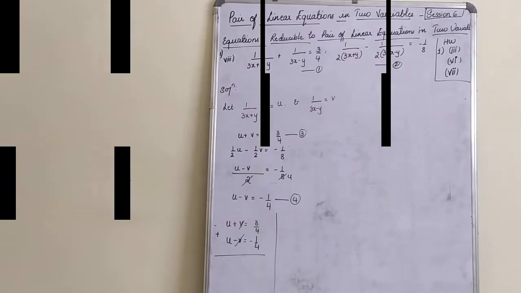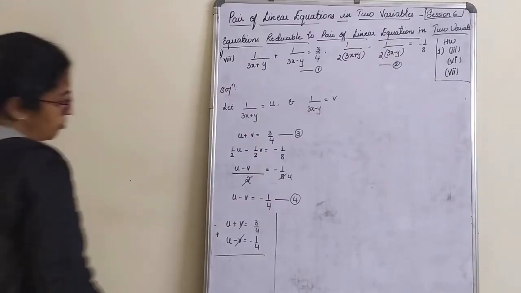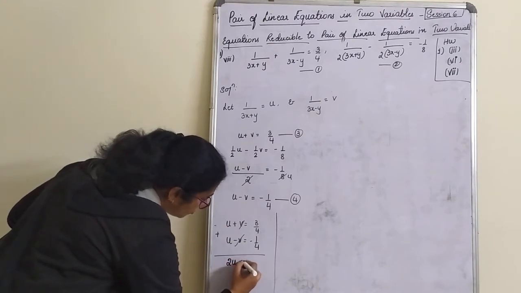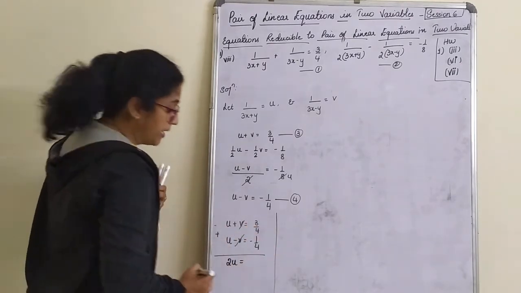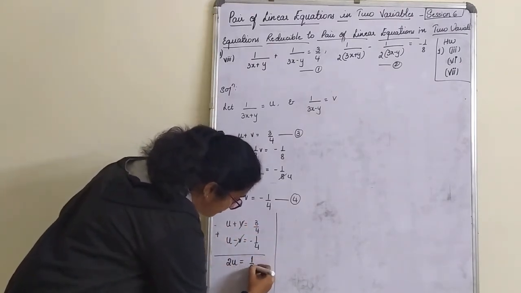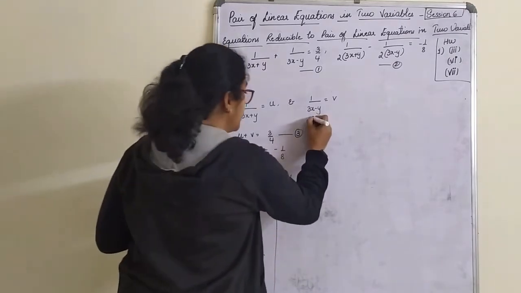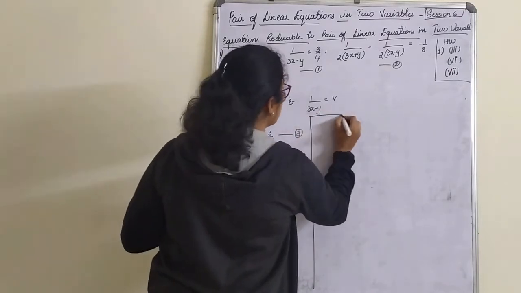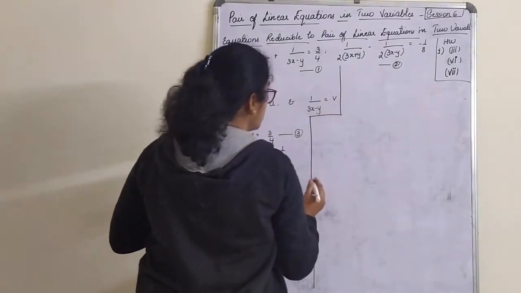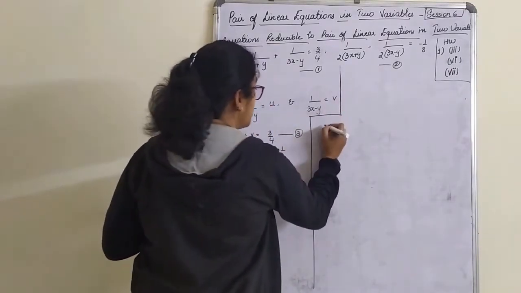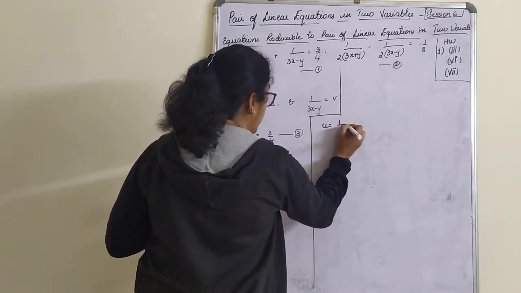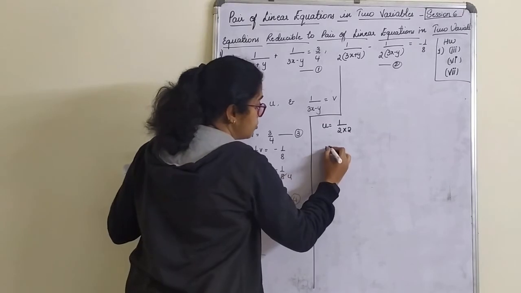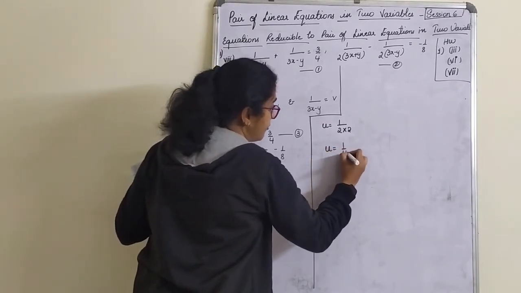So when you add, we cancel v and v. u plus u is 2u is equal to 3/4 minus 1/4, which is half. So this will be written as u is equal to 1 by 2 into 2. So this 2 comes down. So u is equal to 1 by 4.